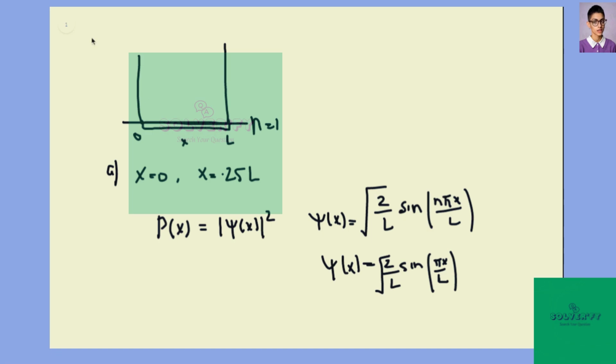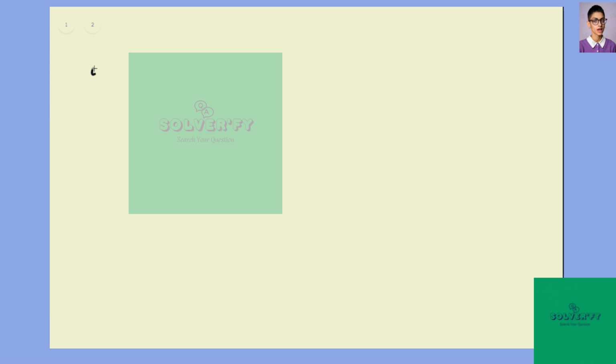Now let's try to find out the probability for the first case. So this is A. The net probability should be equal to, we need to integrate this. So we integrate from 0 to 0.25 L of psi square, which is the square of the function, that is nothing but 2 over L sine square n pi x over L dx.